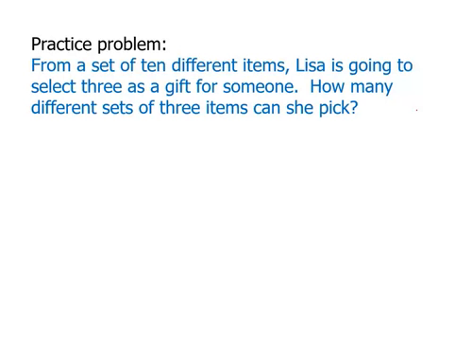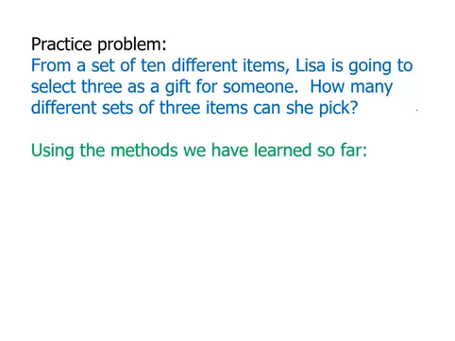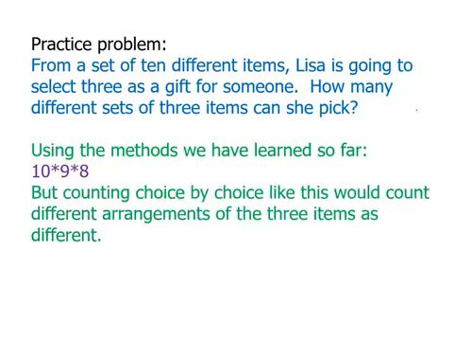This is an example where order does not matter. It's just going to be a set of 3 gifts. It doesn't matter what order she picks them. So using what we've learned so far, the fundamental counting principle, there are 10 choices for the first gift, 9 choices for the second gift, 8 choices for the third gift, but that would count all the possible orders, and we don't care about orders.